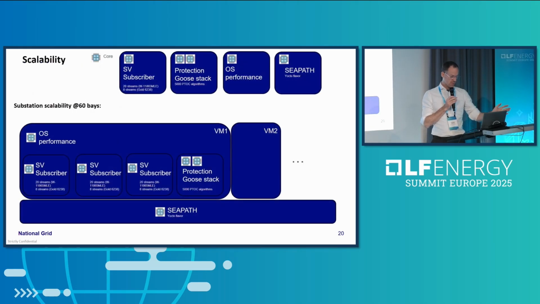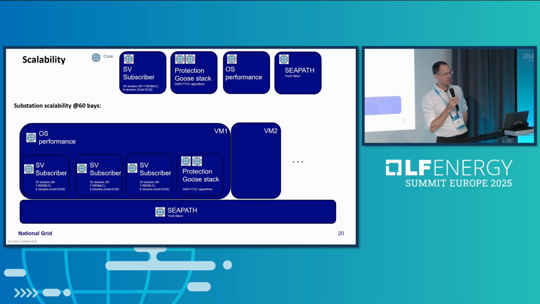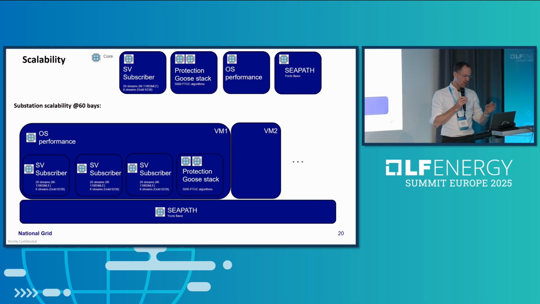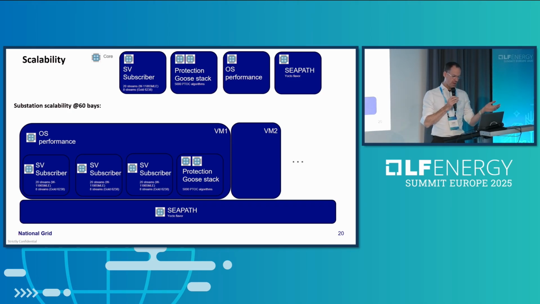So this is my favorite slide. It tells me exactly how I build my virtualized platform. I know if I've got 60 bays, I need 3 sampled value subscriber Dockers, because each one of them managed to do 20 streams.